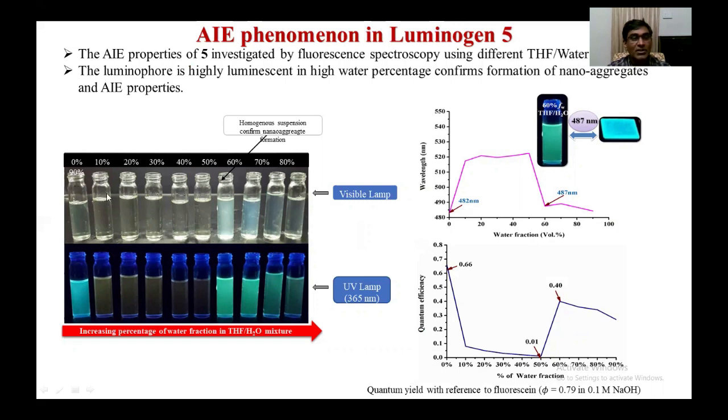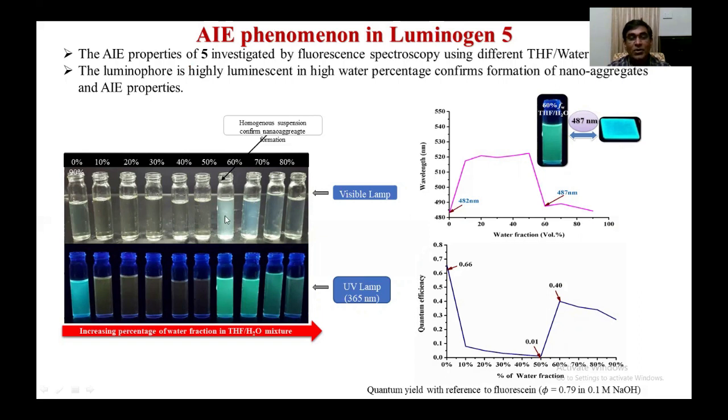Now, when you add water, the water fraction 10, 20, 30, 40, 50, you can see here the emission quenches. And at a particular point in the THF water system, that is 60% water fraction, you can see the emission regains. That is due to formation of the solid nanoparticles of the luminescent molecule.